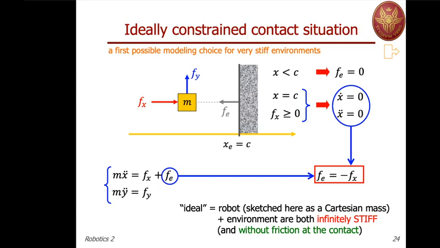And for this particular case, the only thing that matters is the applied force Fx, so the command that we're giving to the mass. And this will be equal and opposite to the reaction of the environment. Because the environment is infinitely stiff, in fact, in this modeling assumption, whatever force we apply, it will be returned instantaneously by the environment.